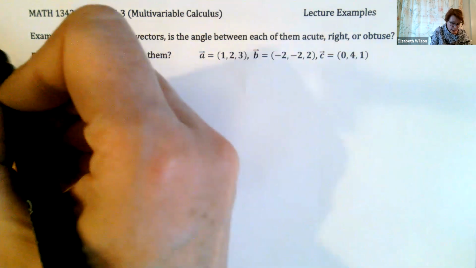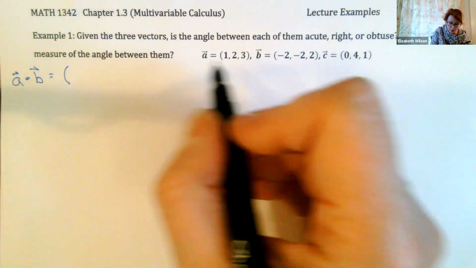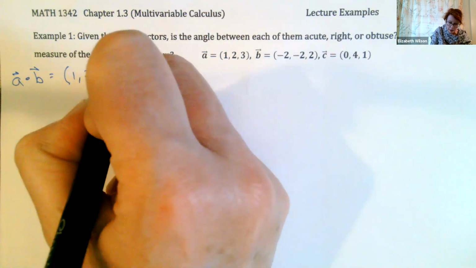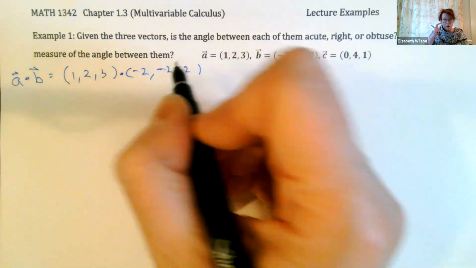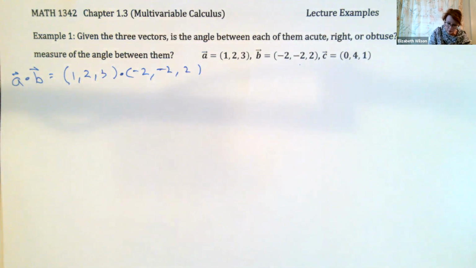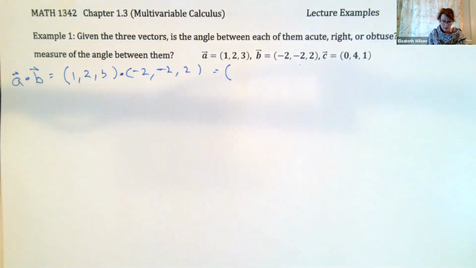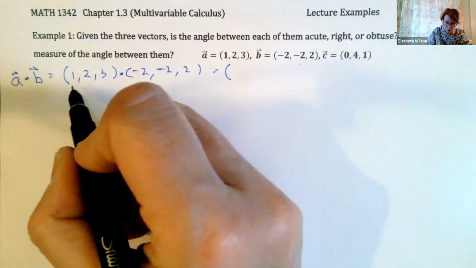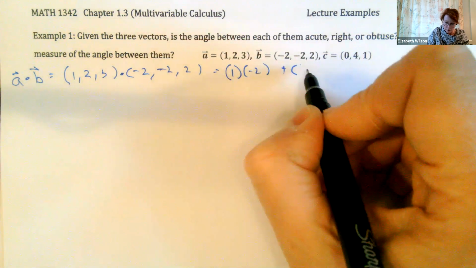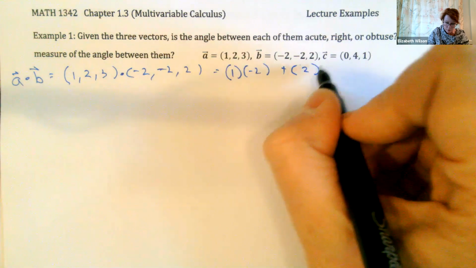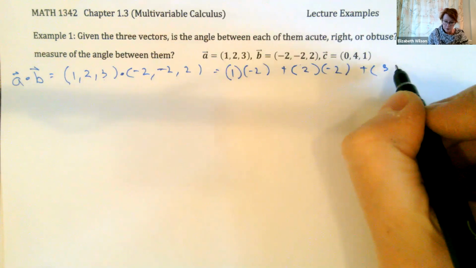First I'll go a dot b. a is (1, 2, 3) dot b is (-2, -2, 2). When I take the dot product, remember we're multiplying corresponding components together and adding that up. So this is 1 times -2 plus 2 times -2 plus 3 times positive 2.